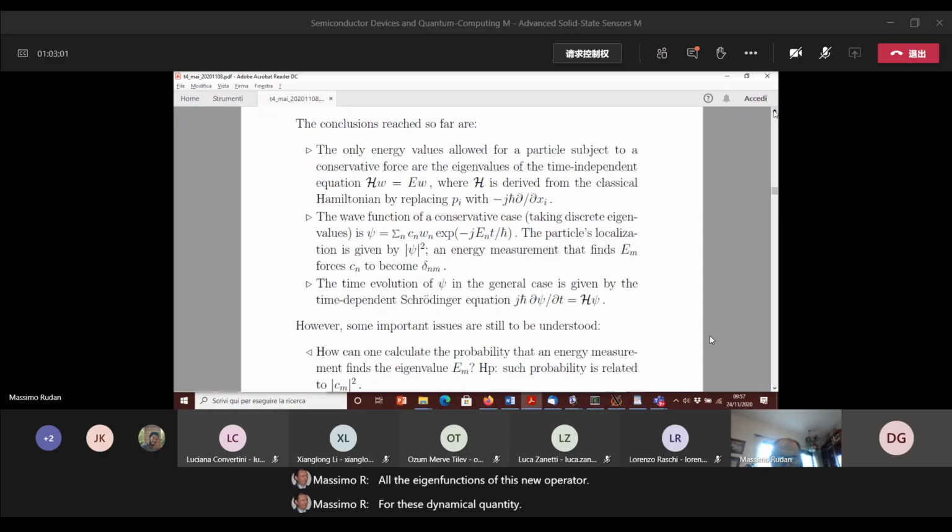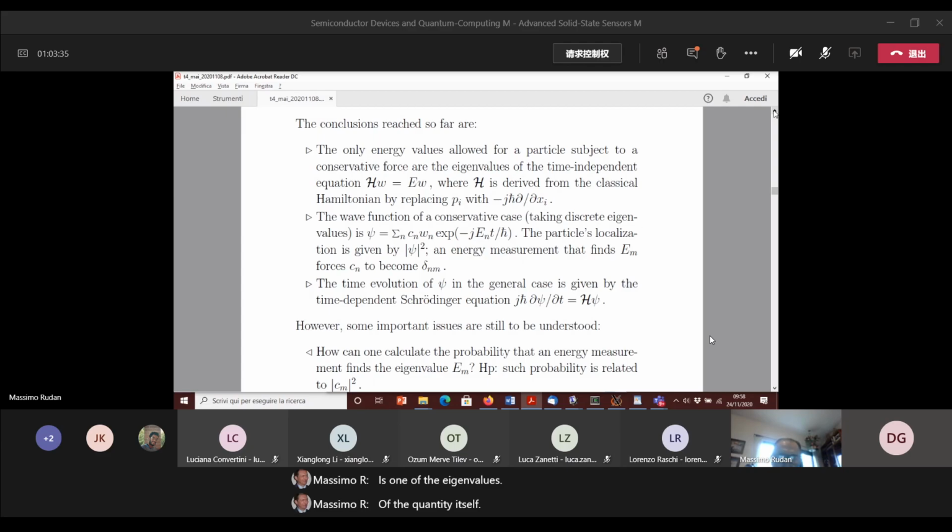If we construct the description of the wave function in terms of these eigenfunctions, there will be coefficients in the expansion. And the postulate goes that the square modulus of the coefficients will give us the probability that a measurement of the dynamical quantity of interest is one of the eigenvalues of the quantity itself.